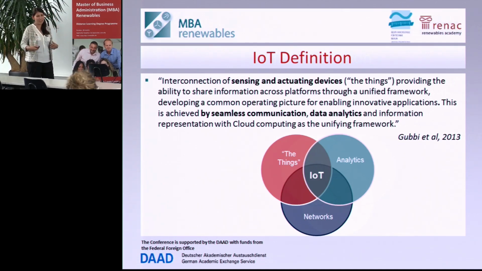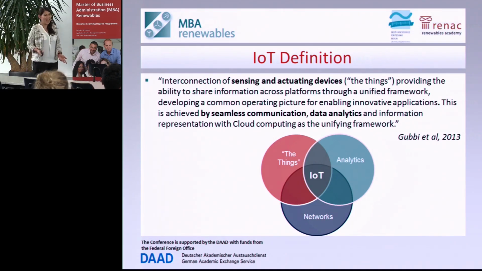Before going further, I will provide a definition of IoT, because it's a buzzword that many people think means smart refrigerators or smart appliances. And yes, it is, but that's a very short view, because IoT is about connecting.